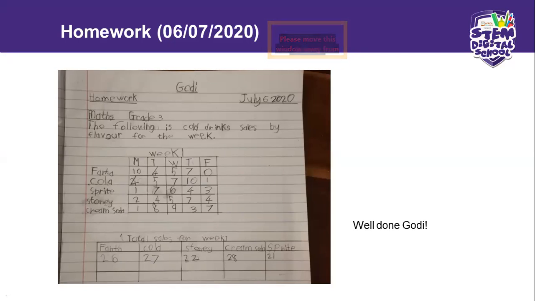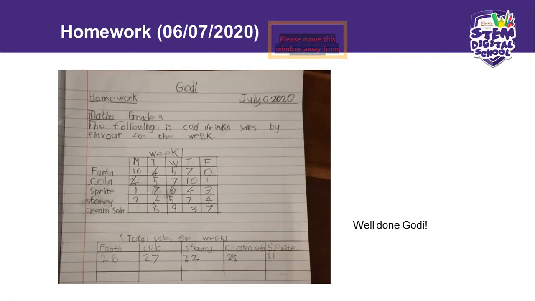The first one is 10. The second one is 4. The third one is 5. The fourth one is 7. And the last one is 0. And my answer is 26. So it shows that I had added incorrectly.